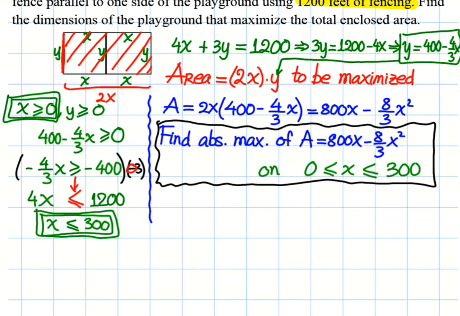This is the standard optimization problem. So we will find the critical numbers in the boundary of 0 to 300.